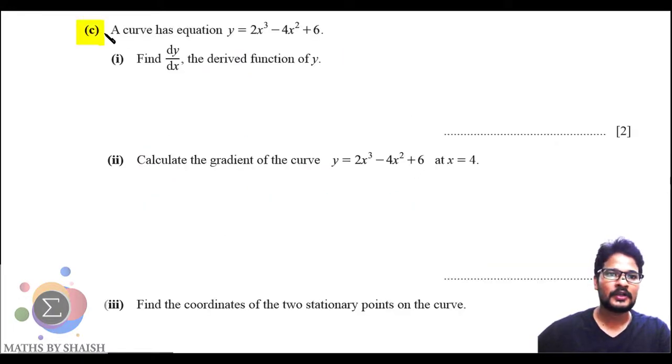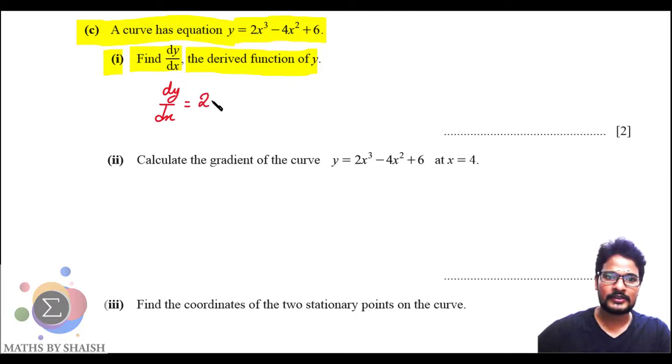Here's the C part: a curve has equation y equals 2x cubed minus 4x squared plus 6. First part, find dy over dx, that is the derived function of y. So it is differentiation, and we write y as dy over dx. Here 2 is a constant as it is.